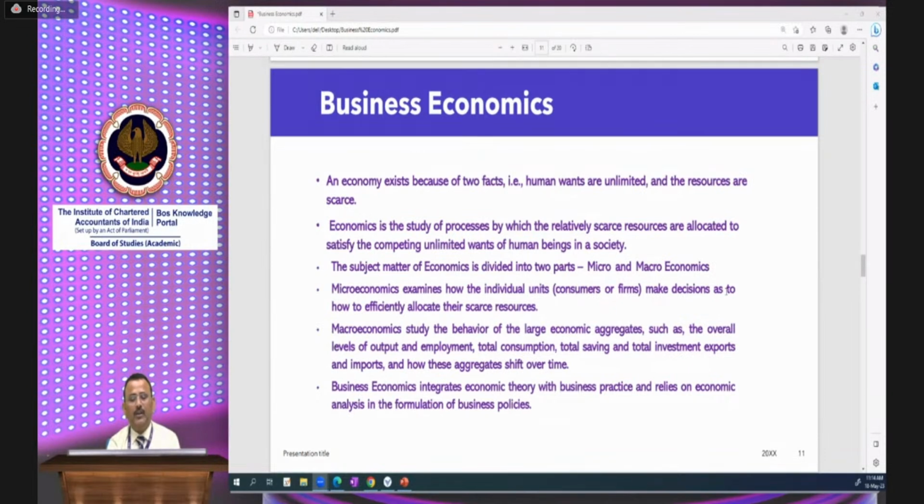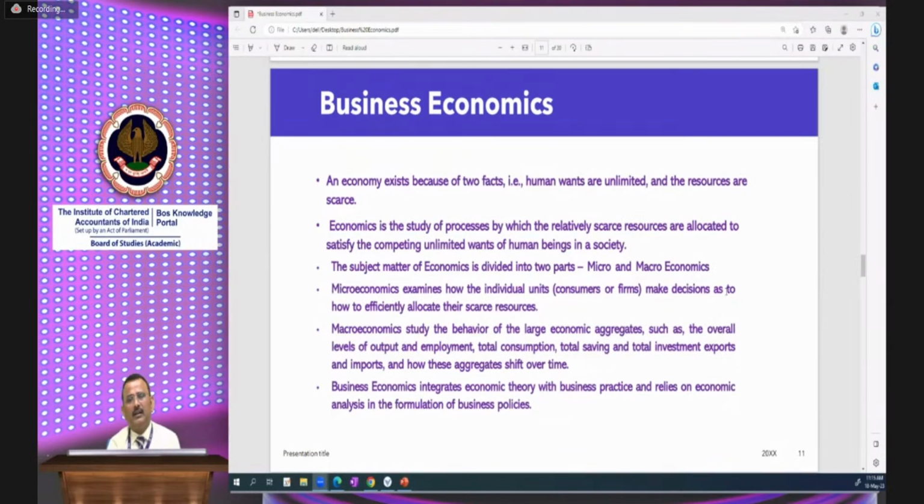Microeconomics is about individual units, consumers or firms, which make decisions on how to allocate their scarce resources. Macroeconomics is about the broader picture, the larger aggregates: overall level of output and employment, total consumption, savings, investments, imports, shifts over time.